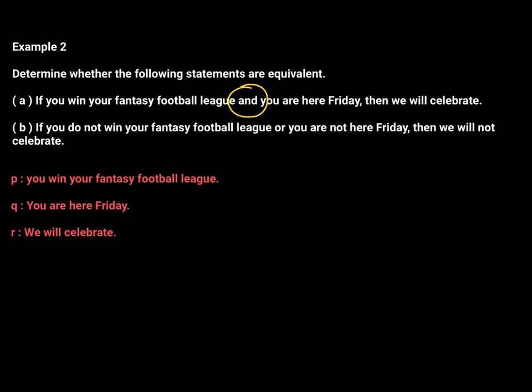If you win your fantasy football league, that is P, and you are here Friday, that's Q. All of that together is before the comma. So if this happens, then, right, we need that symbol, then R. So that's your first statement in symbolic form.